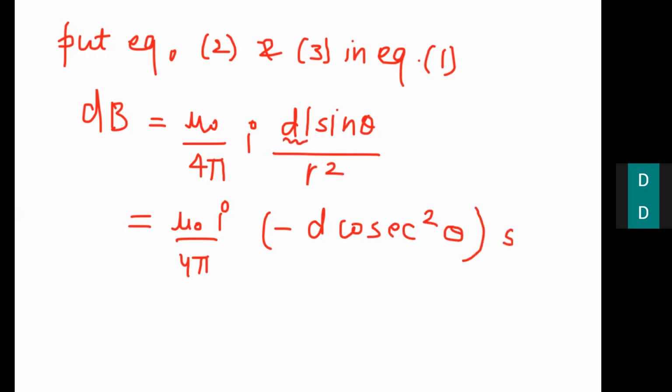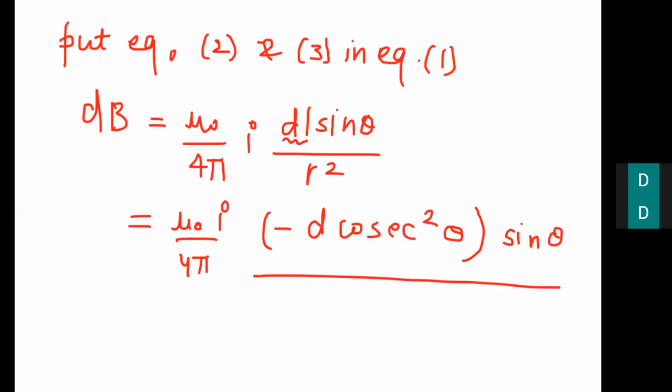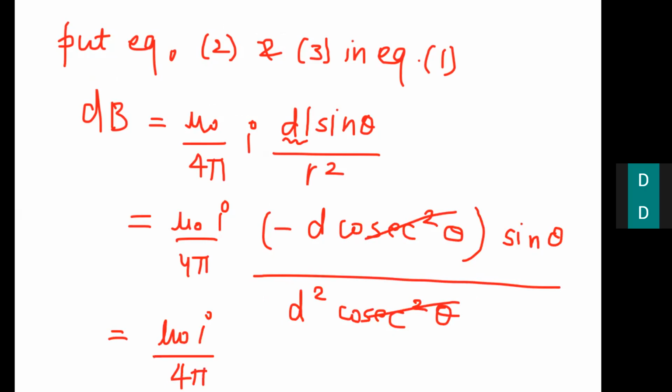Now sine theta remains as it is, and r square is going to be d square cosec square theta. So I'll be writing that d square cosec square theta, and so cosec square theta gets cancelled, and we are just remaining with mu 0 I upon 4 pi into sine theta.